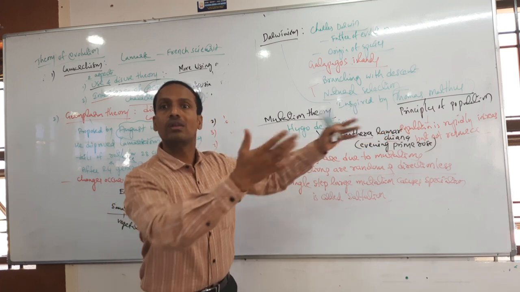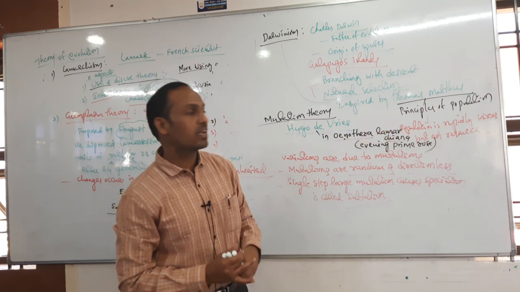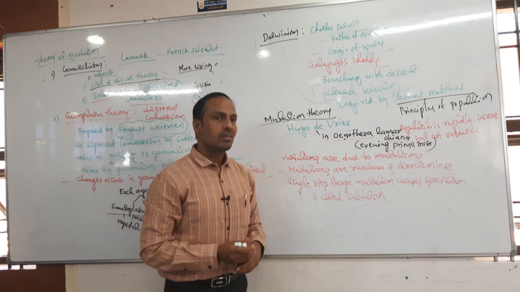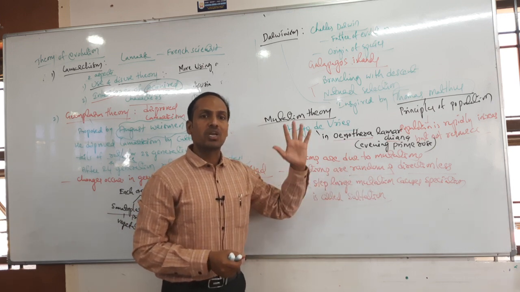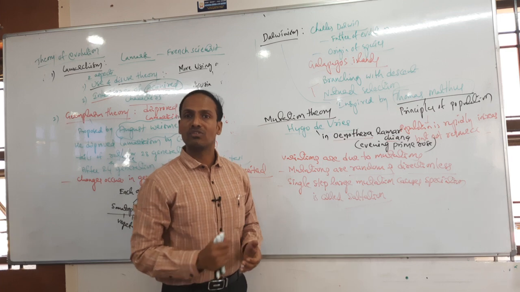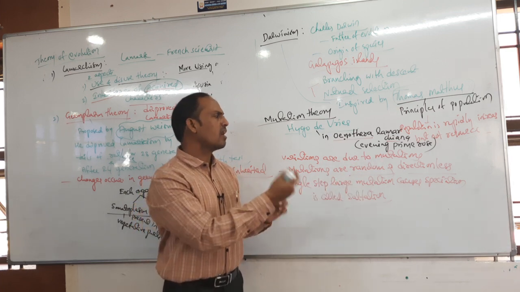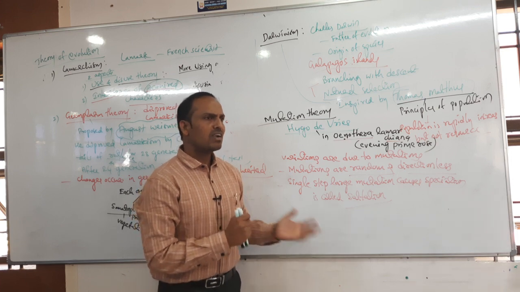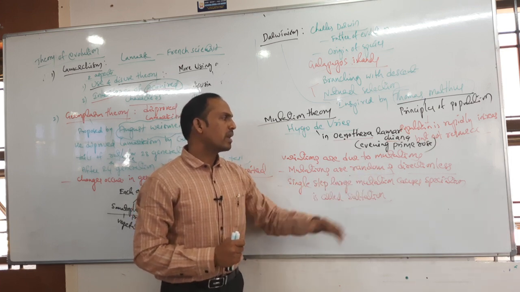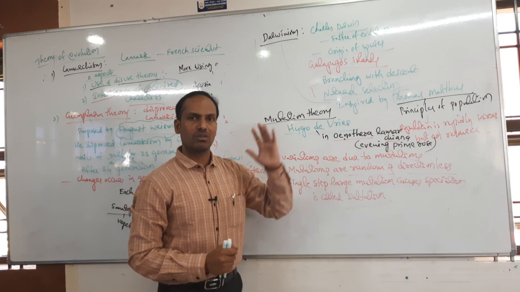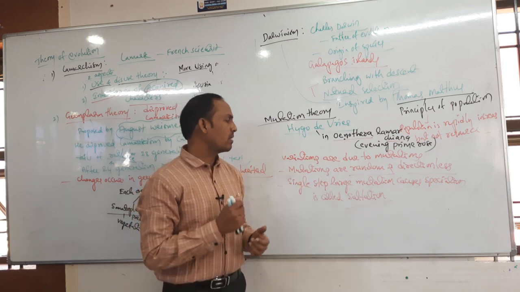Sometimes undesirable characters also will be expressed. That is why it is called directionless. Random and directionless. You should highlight this point, students. This sentence they can alter, they may give it as random and with proper direction. No, it is directionless and random.